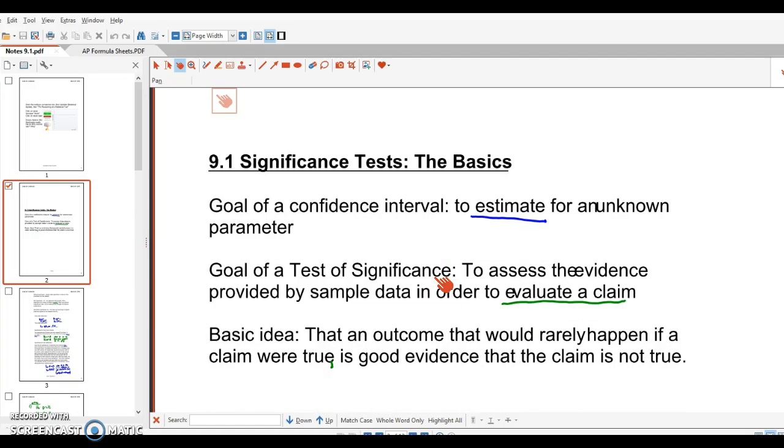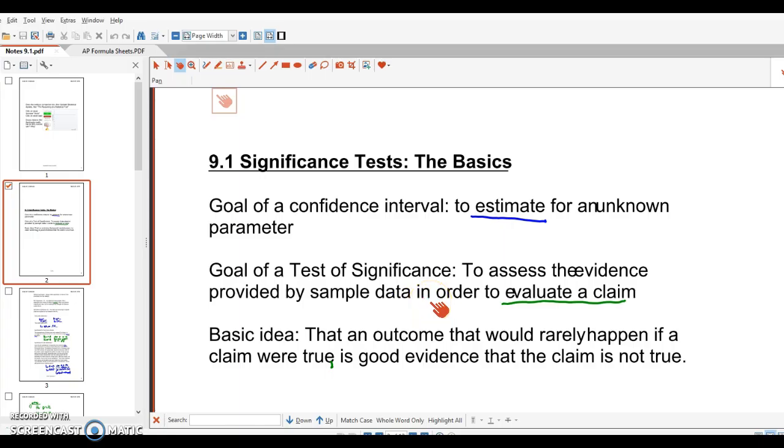The idea behind significance tests is a little bit different from a confidence interval. A confidence interval is if we had, for instance, no idea of what we thought the free throw percentage of our basketball player was, and so we would take sample data to estimate an unknown population proportion. The goal of the significance test or test of significance or hypothesis test is when I have some idea of what I think the population proportion or mean is, and I want to test that.